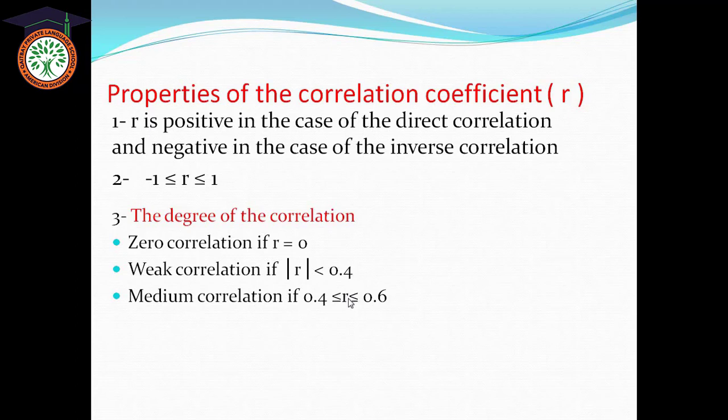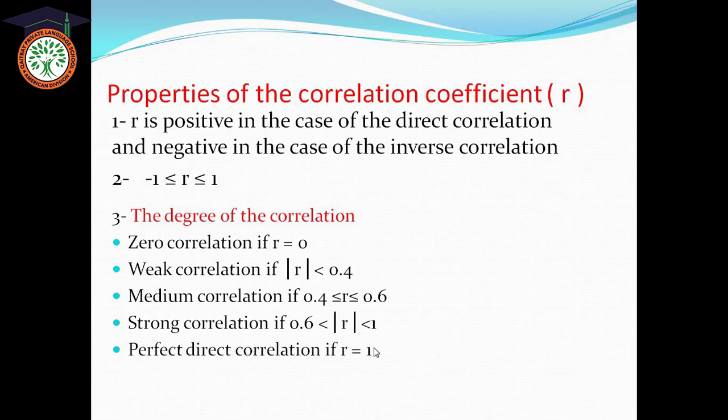If the value of R is greater than or equal to 0.4 and less than or equal to 0.6, it will be medium correlation. If the absolute value of R is greater than 0.6 and less than 1, it's going to be strong correlation. What about if R equals 1? It's going to be perfect direct correlation. And if R equals -1, it's going to be perfect inverse correlation.